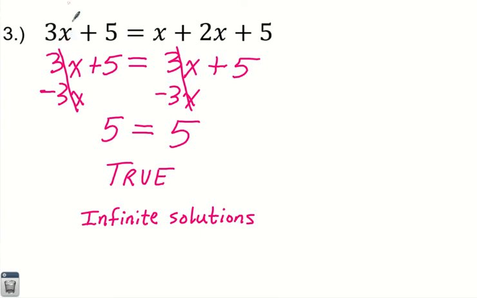I could plug in negative 2 for the x's and it'll be true. I could plug in 50 for all those x's and it would make it all true. I could plug in negative 25 million. I could plug in 7.382105. Doesn't matter. That's what that really means. Any real number will make that true, when I say that there's an infinite number of solutions.